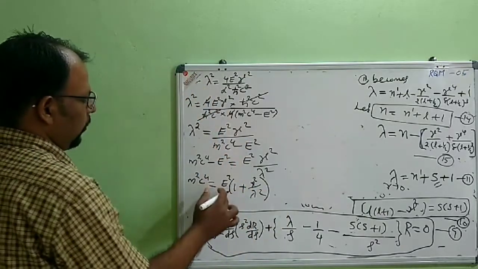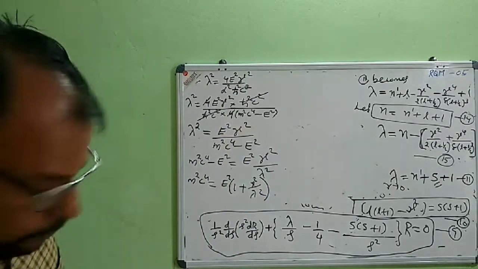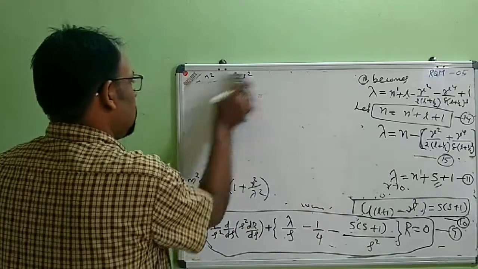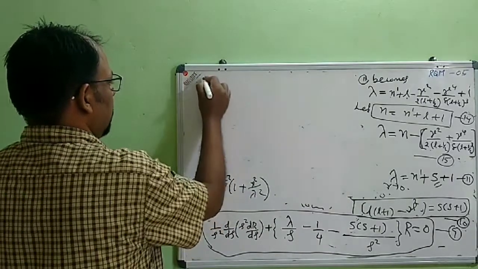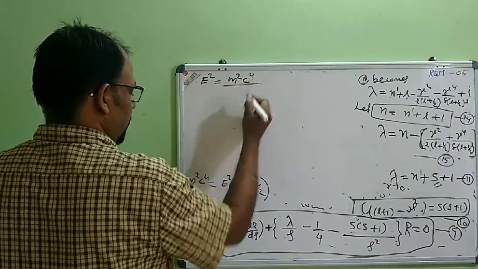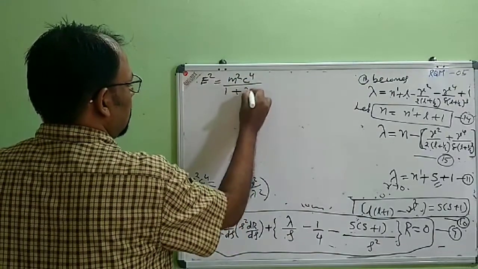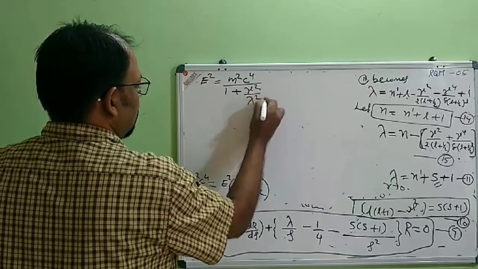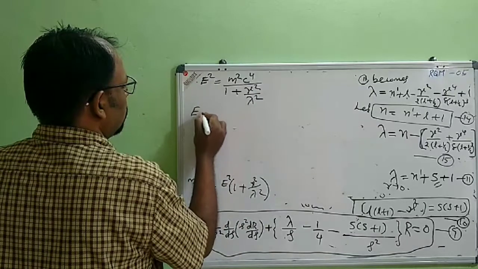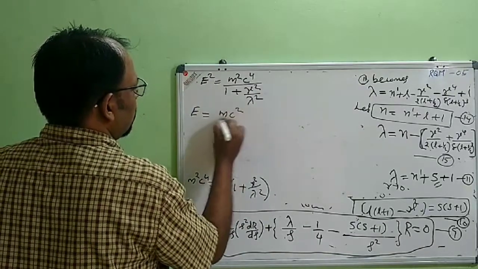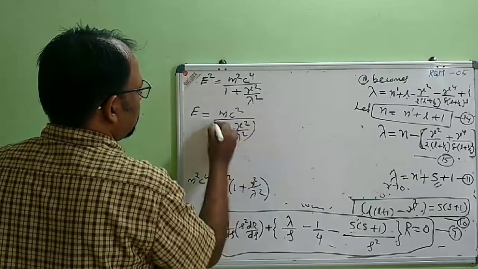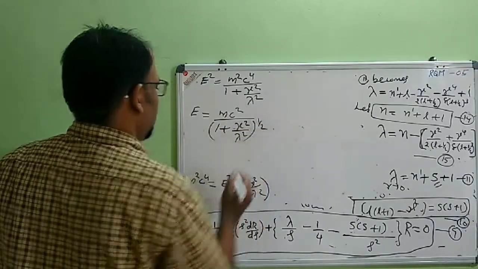From that we can calculate e square. E square equal to m square c raised to 4 by 1 plus gamma square by lambda square, or e equal to m c square by 1 plus gamma square by lambda square, the whole raised to 1 by 2.